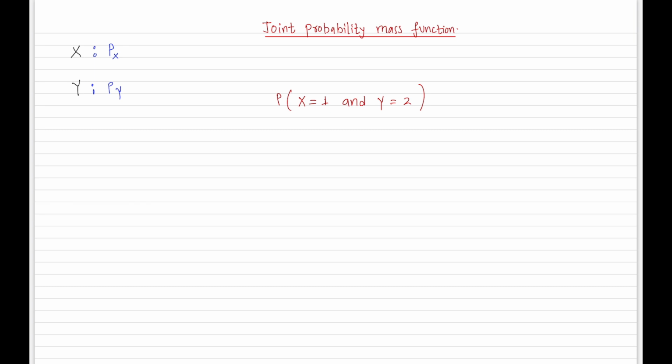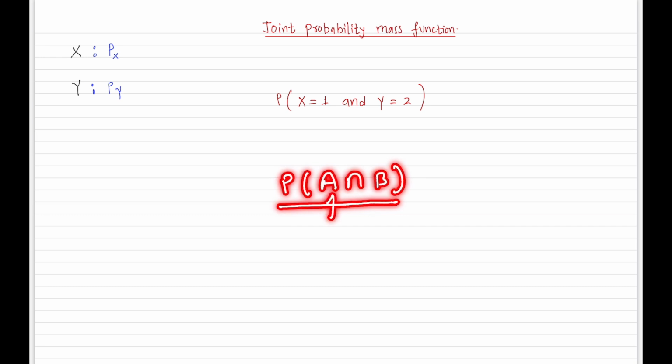You can think of it like this also. In basic probability you must have seen that the probability of these two events happening simultaneously, or the probability of A intersection B, depends.